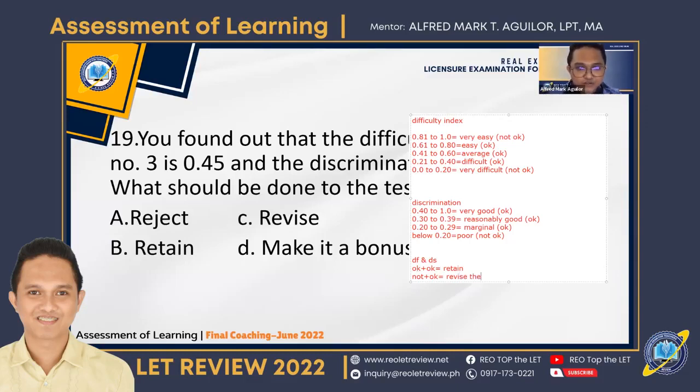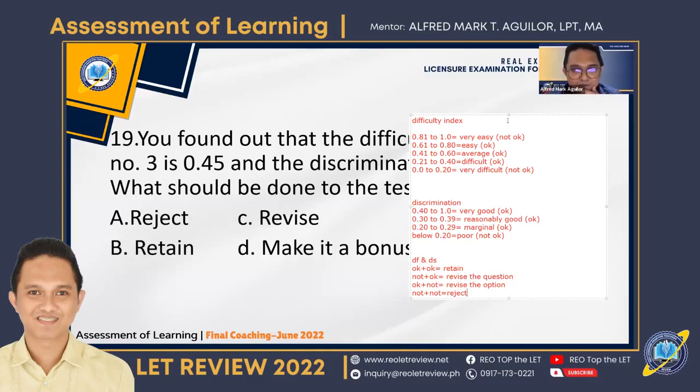Or the question. Now, if the difficulty index is okay, but the discrimination index is not okay, we have to revise the question. I mean, revise the option. Okay? Now, if the difficulty index is not okay, and then the discrimination index is not okay, this is the time that we reject. So, let's remember that.